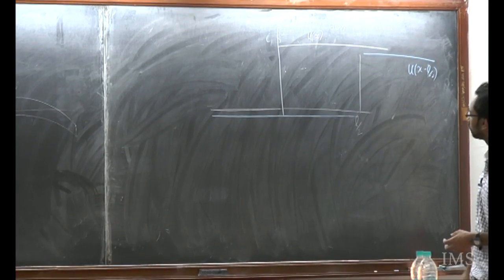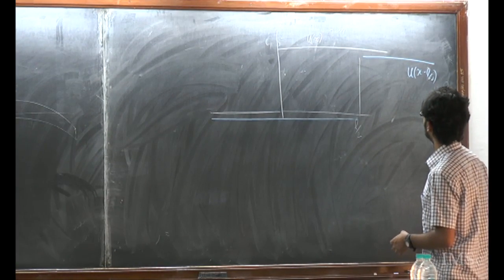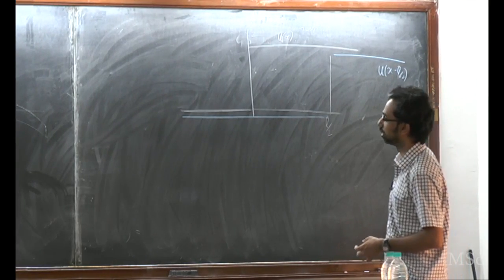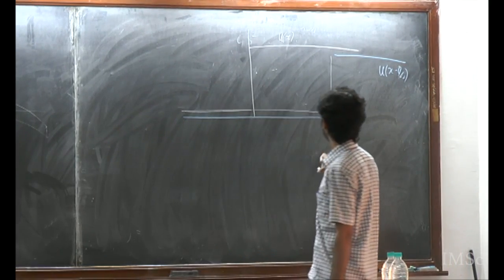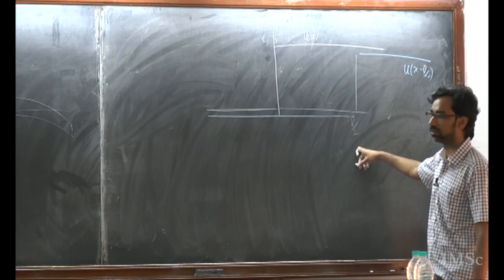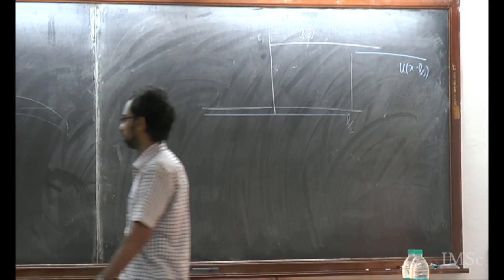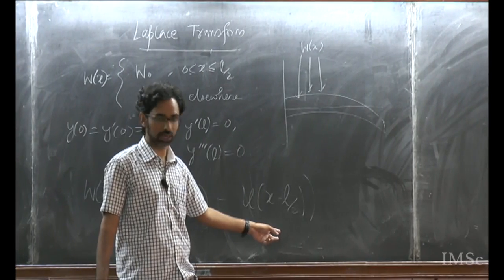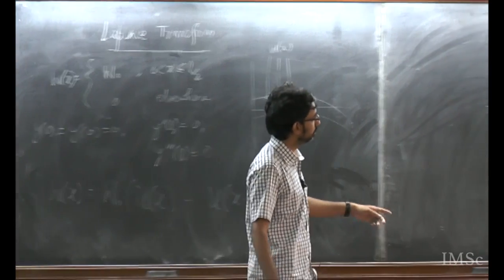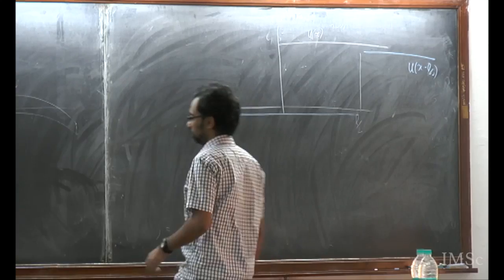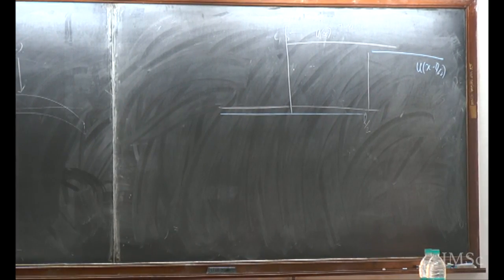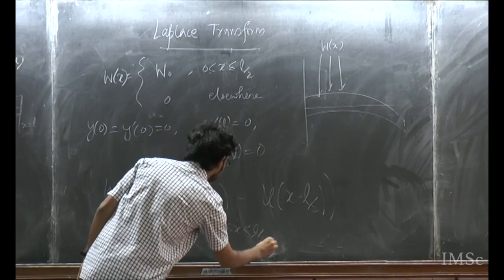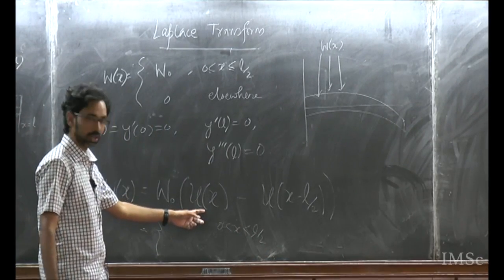Is it okay? So, yeah, between 0 and L by 2, what is it? This is 1 and this is 0, right? This part is 0 between 0 and L by 2. So what do you get? Between 0 less than x less than L by 2, only this one is 1 and this is 0.